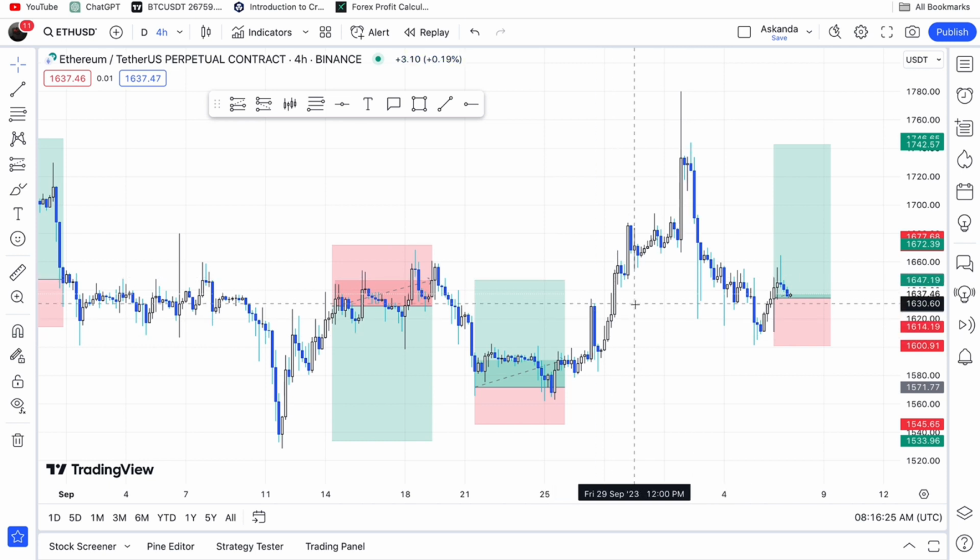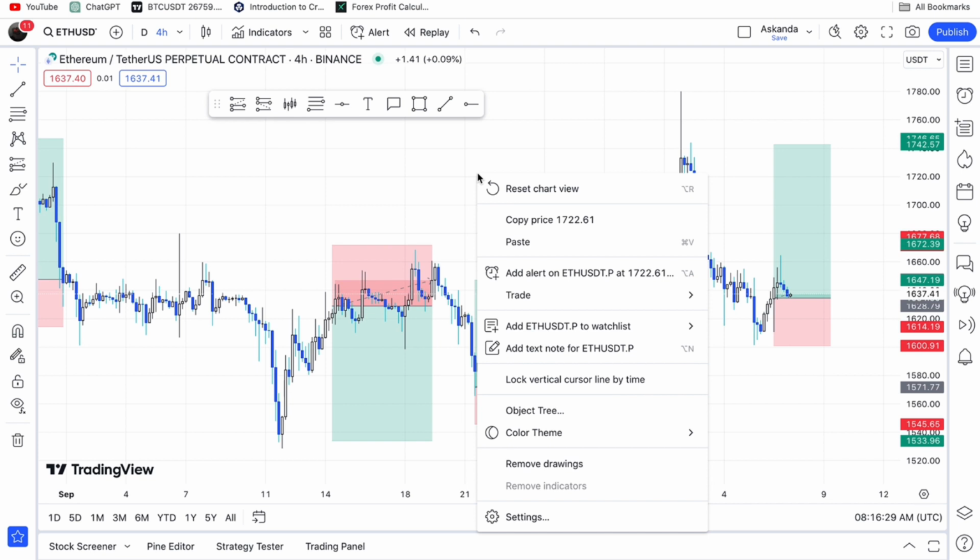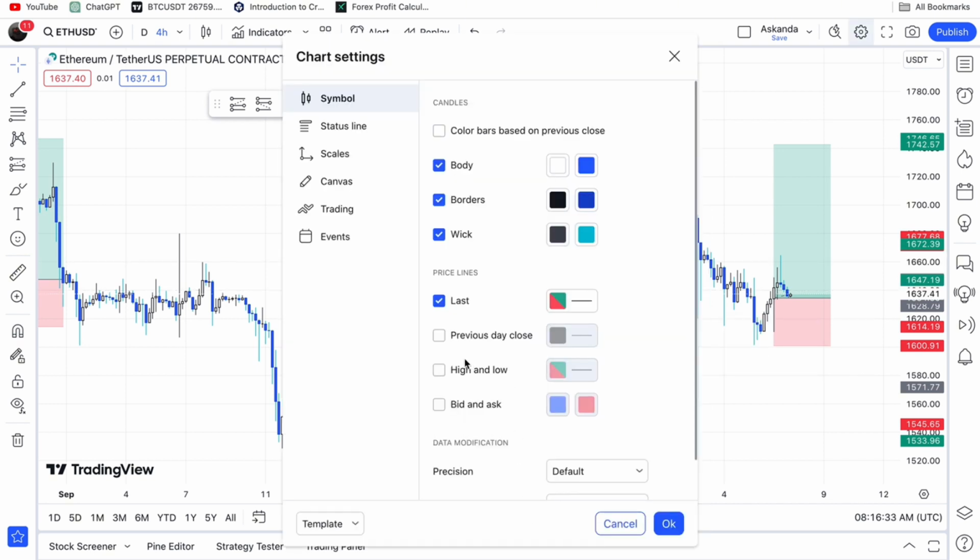So if you want to change your chart to also blue, just click on the dashboard this way, then go to settings. When you are in your settings, this is what you want to do. The body of the candle should be white, then the next one will be blue, borders should be black and blue, wick should be black and pink. So this is how you should set your candlestick chart.